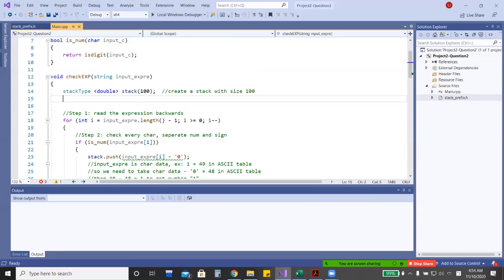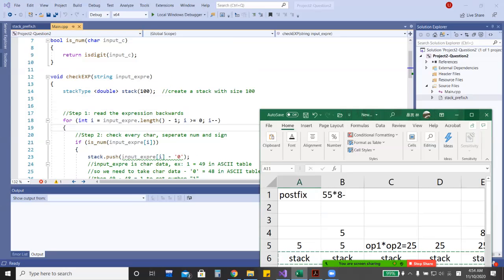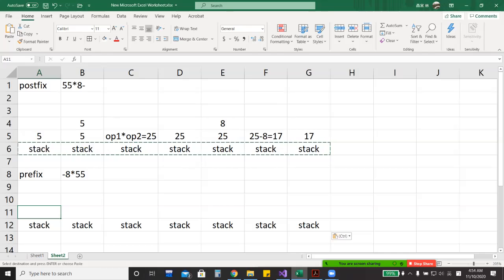Before I explain this function, I just want to introduce the small differences between postfix and prefix by using Excel. The postfix is what we learned from question number 1. The postfix expression, for example, looks like this: 5 star sign A negative.